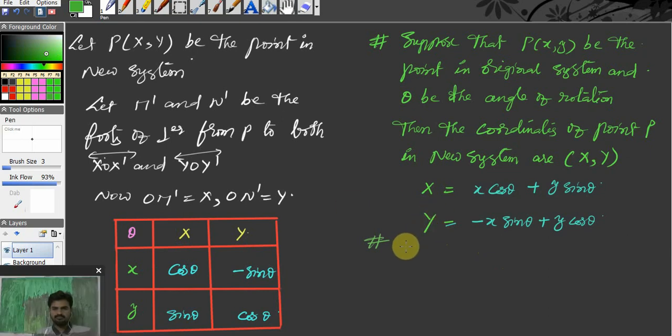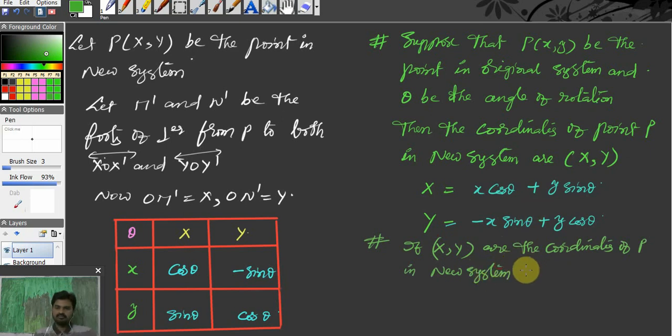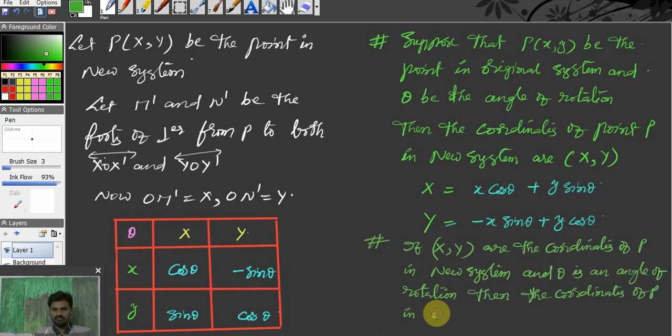So look here. If capital X comma capital Y are the coordinates of P in the new system, and theta is the angle of rotation, then the coordinates of P in the original system, which we take in small letters, small x and small y, are what we are going to find.